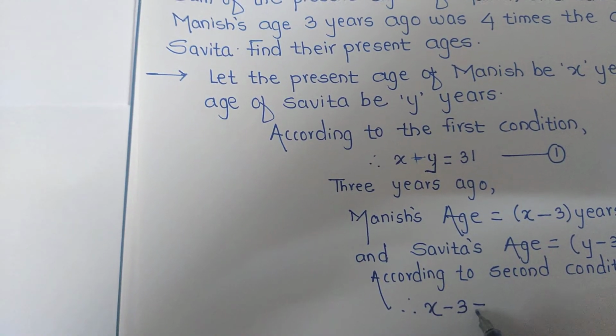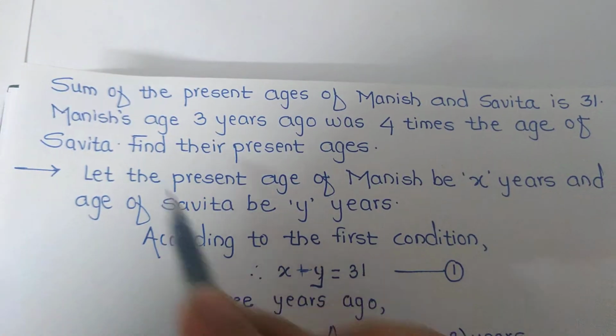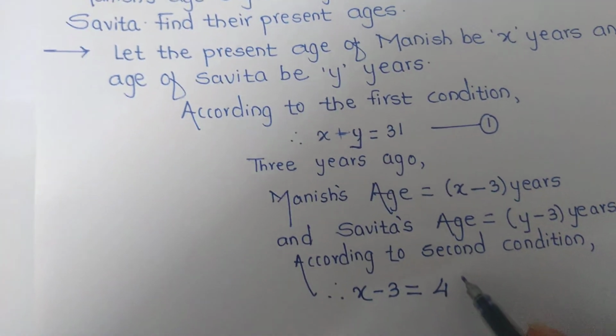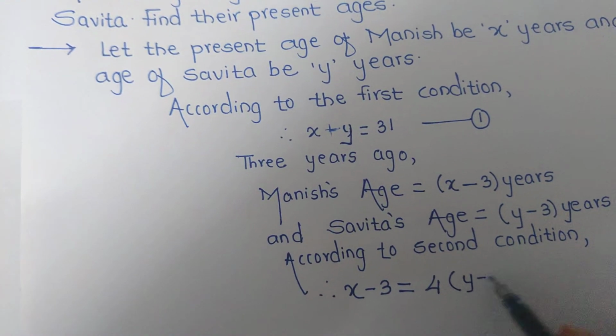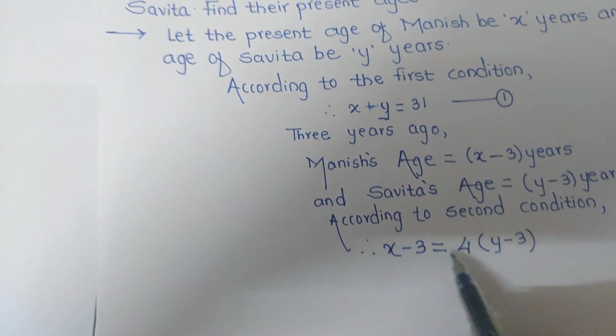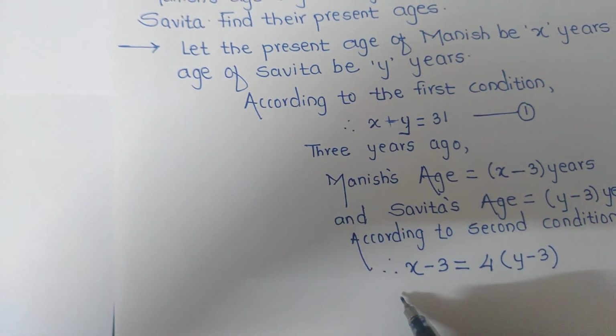This age of Manish 3 years ago was 4 times the age of Savita. 4 times, that is 4 into Savita's age 3 years ago, that is y minus 3. So 3 years ago Manish's age was 4 times Savita's age. Let us solve this further.